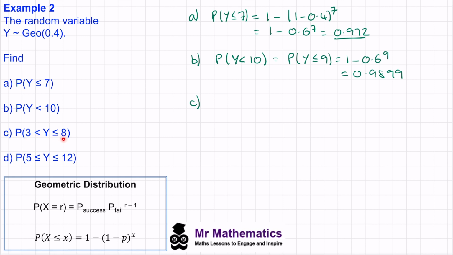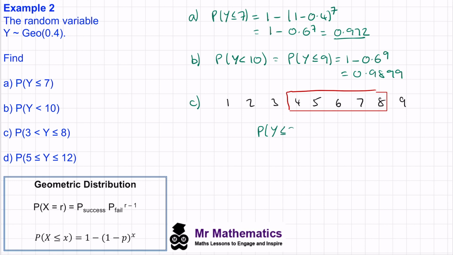And for C, in question C, we're looking at passing after our 3rd attempt, but up to and including our 8th attempt. So the best way to understand this is to write a list of these different attempts. So what we're looking at is including the 8, but not including the 3. So all of these. And this will be the probability of y, our observed value, being less than or equal to 8 minus all of these.